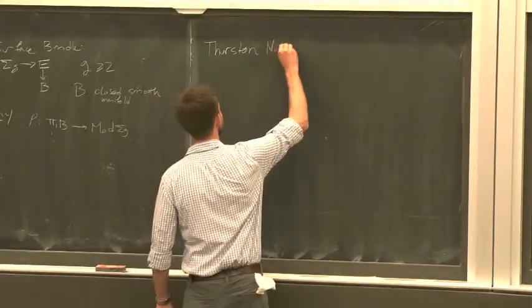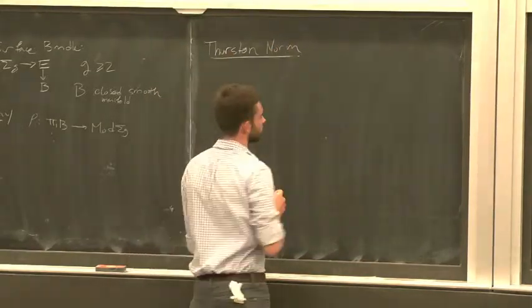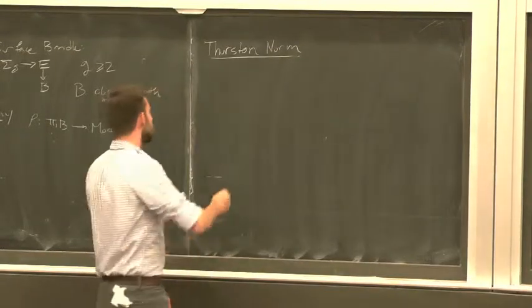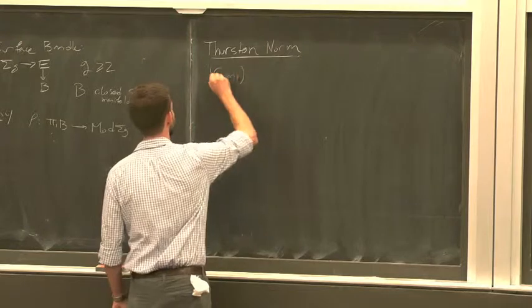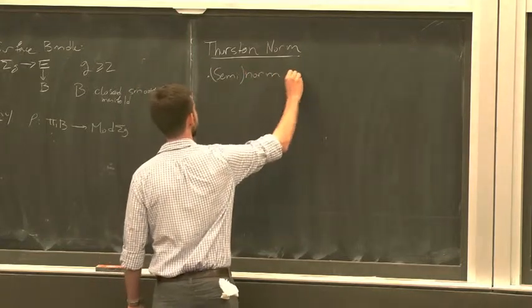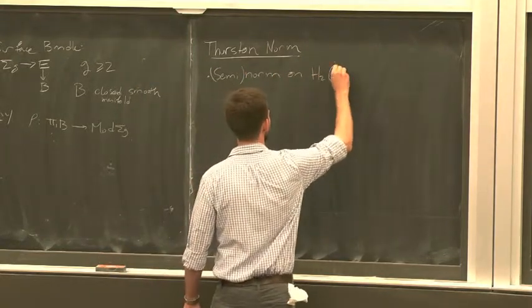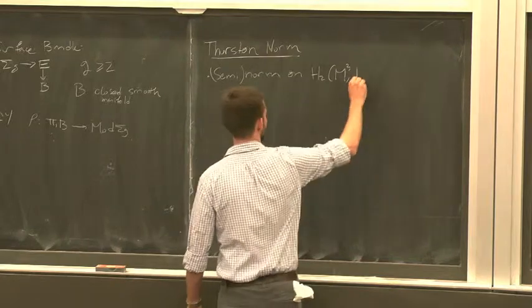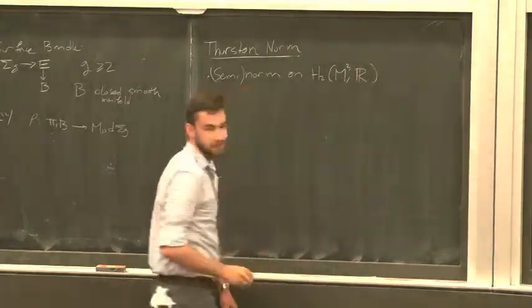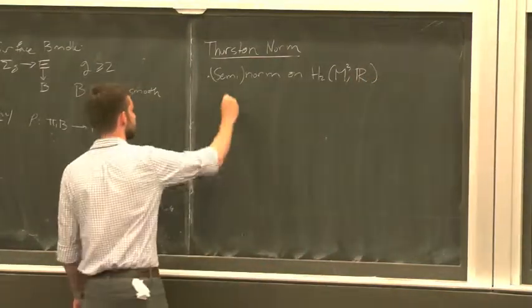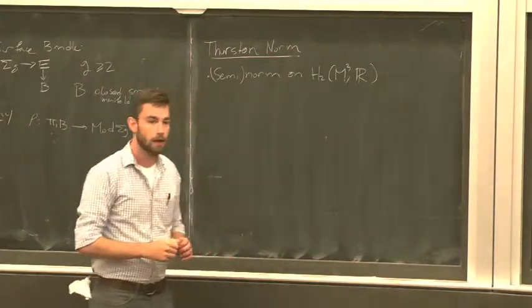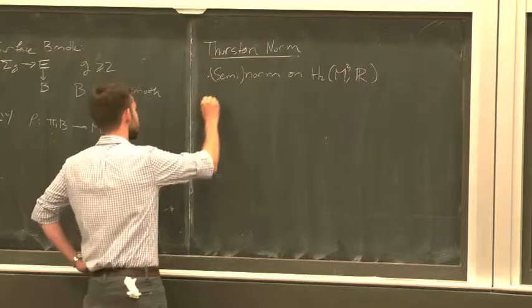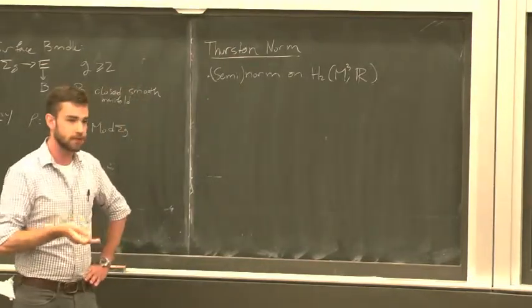The original context for the Thurston norm is for 3-manifolds. And so the idea of the Thurston norm is that it's a semi-norm on H2 of a 3-manifold with real coefficients. And you can get rid of the semi-assumption if the manifold is, say, hyperbolic. And Thurston showed a lot of amazing properties of this thing.